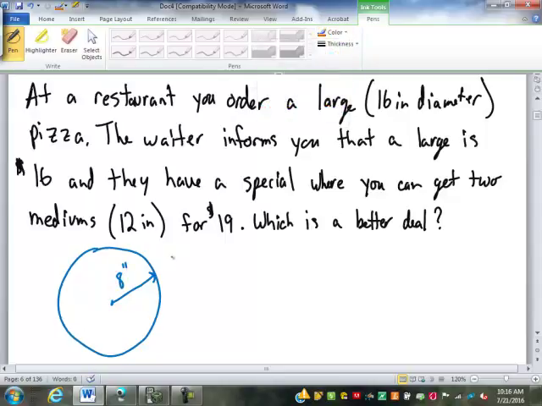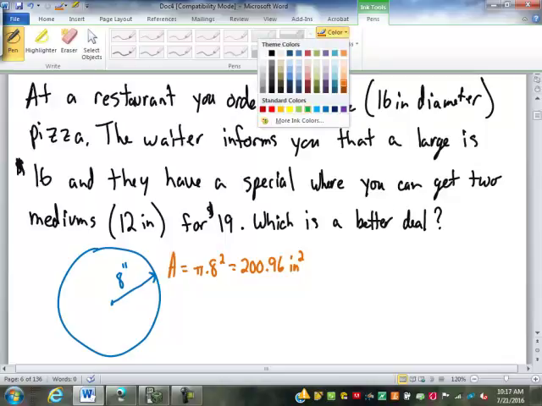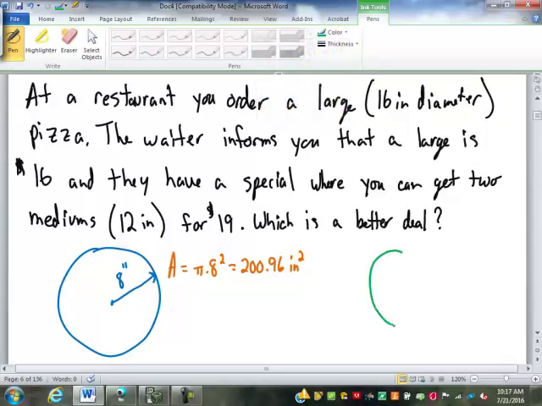So that makes the area of that one pi times 8 squared, which is 200.96 square inches. Yes? So now then the 12-inch pizza has a radius of 6 inches.